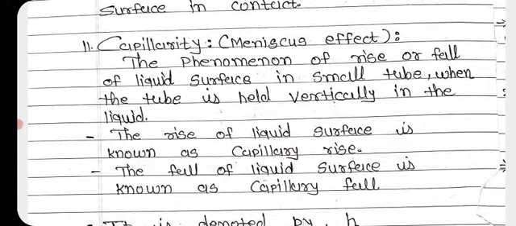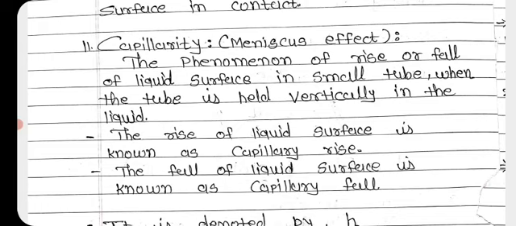Next definition, capillarity, or we can say meniscus effect. It is the phenomenon of rise or fall of liquid surface in a small tube when the tube is held vertically in the liquid.